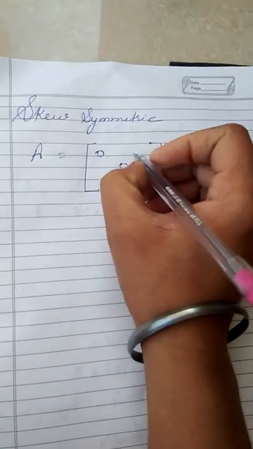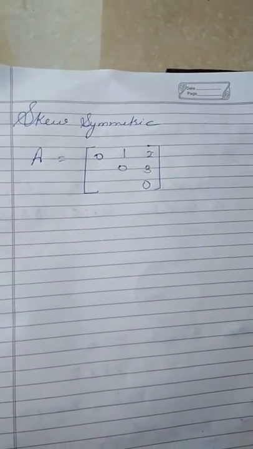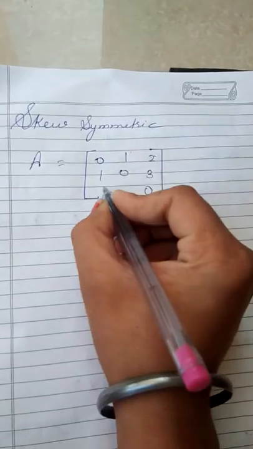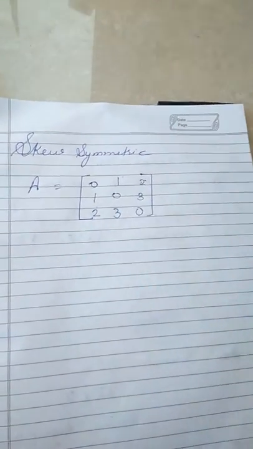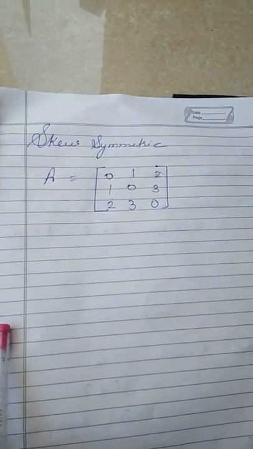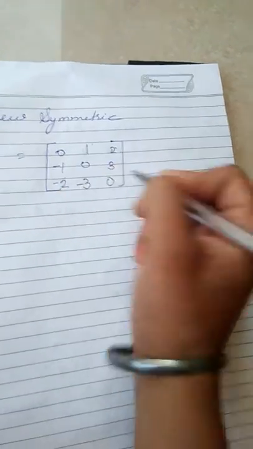Now write any 3 elements here, 1 2 3. Now again write the same elements here, 1 2 and 3. So you will say it is symmetric, but it is not. You put a negative sign here.